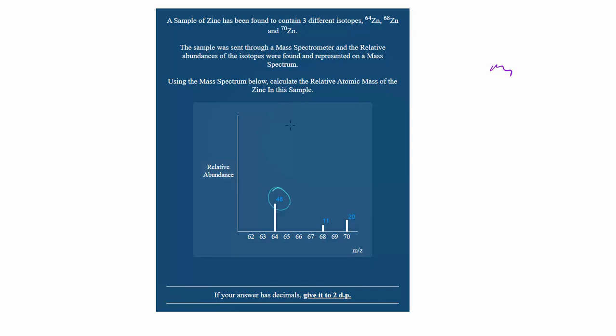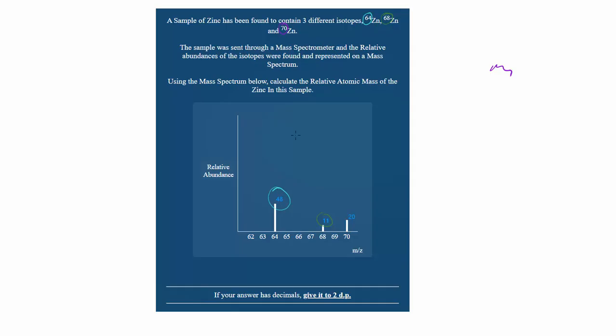So we've got 64. This one here is corresponding to this. I'm going to just color code it to make it a bit more straightforward to follow. 68. We've got one at 68, which is going to be corresponding to that. And if I just get another color, purple, so 70, right?